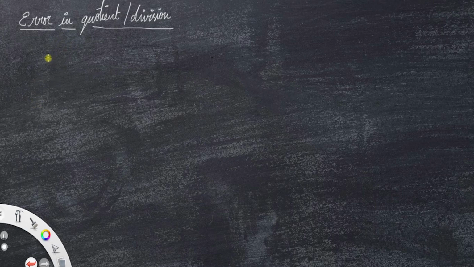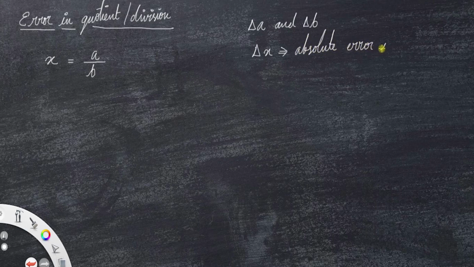Suppose we have a variable x which is related to a and b by x is equal to a divided by b. Let delta a and delta b be the absolute errors in a and b, and let delta x be the absolute error in x.